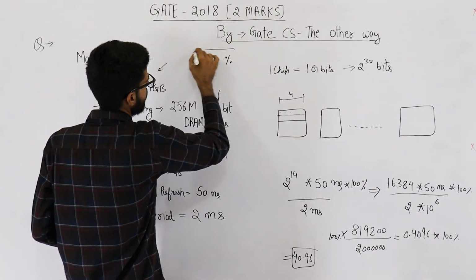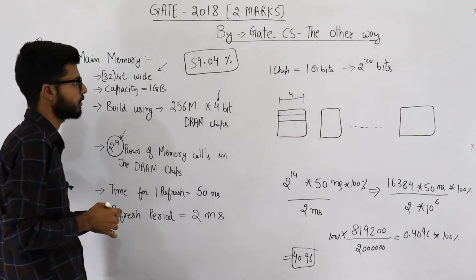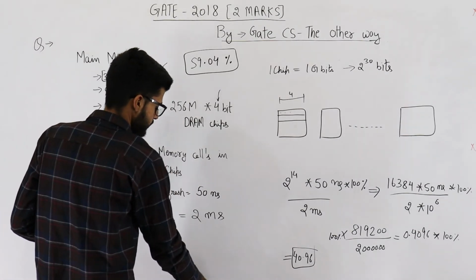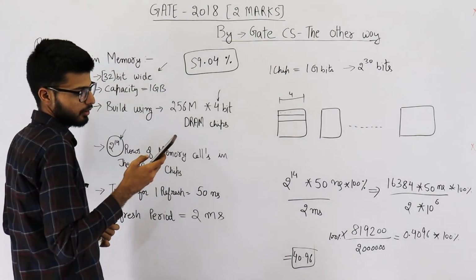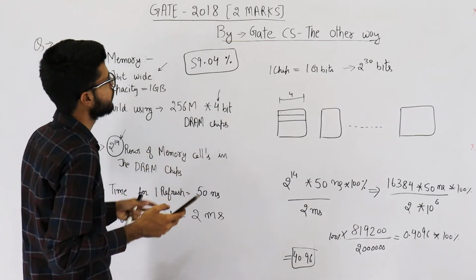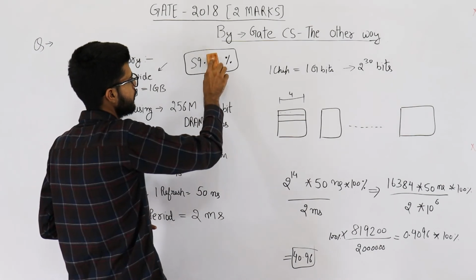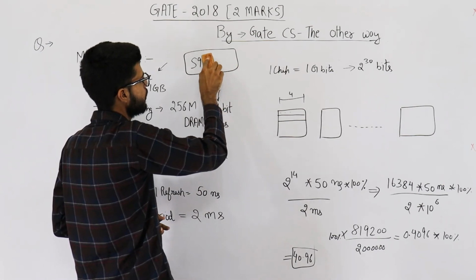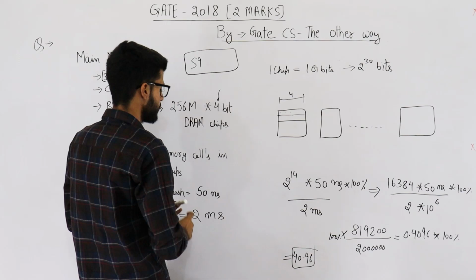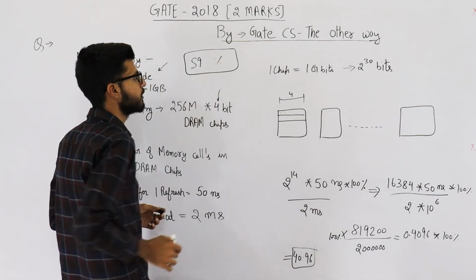Okay, this is your answer. And if they're asking for the closest integer, just round it off to get 59%. Okay, so this is your answer.